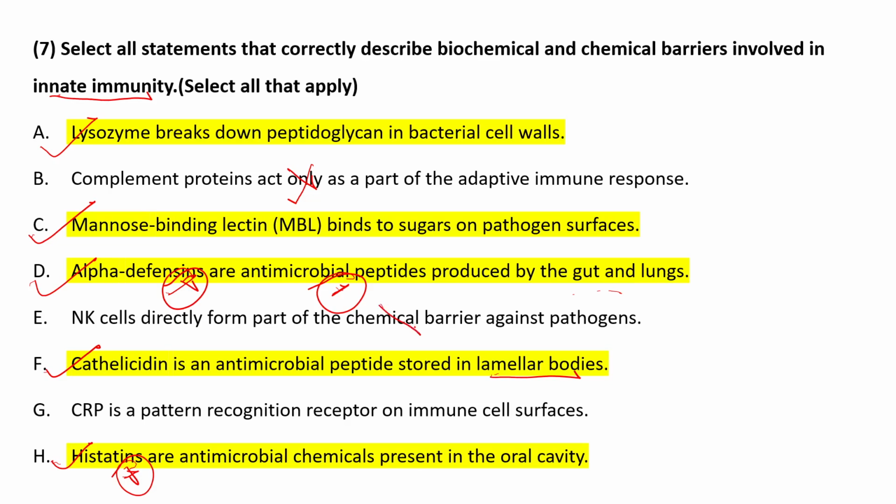No, NK cells are not chemical barriers, these are cellular barriers. The next one is CRP, that is C-reactive protein, is a pattern recognition receptor on immune cell surface. No, this is not on the immune cell surface. So this is also wrong.